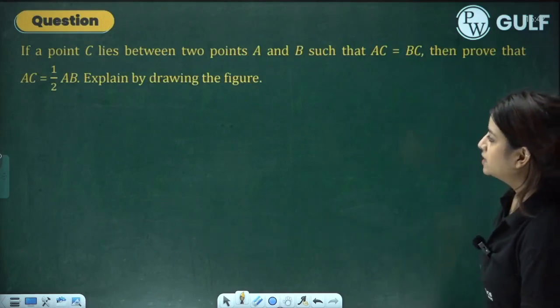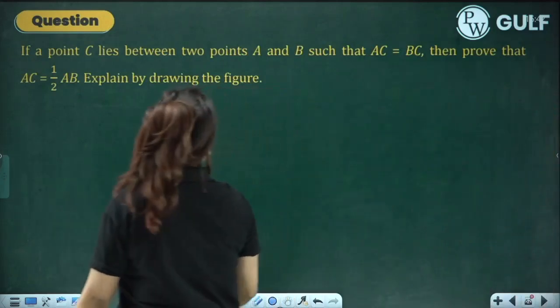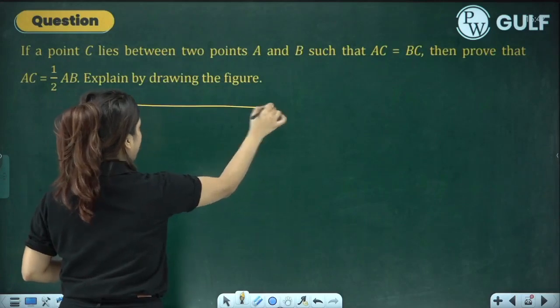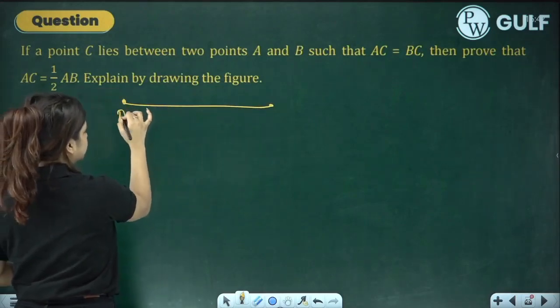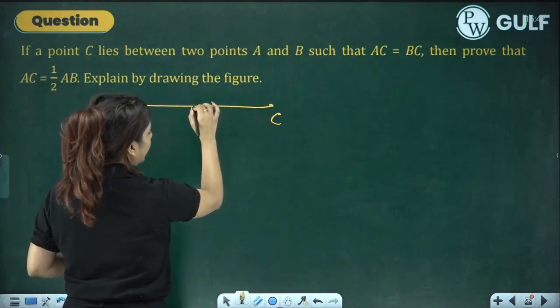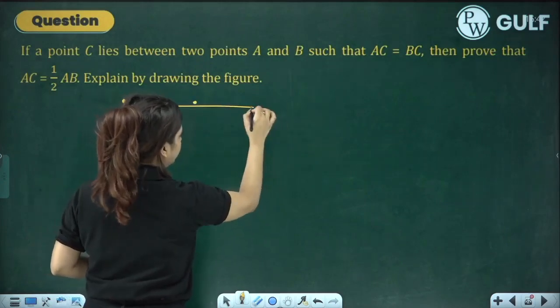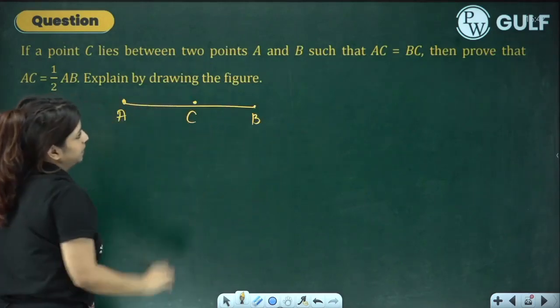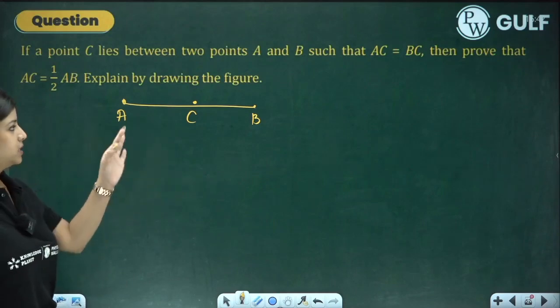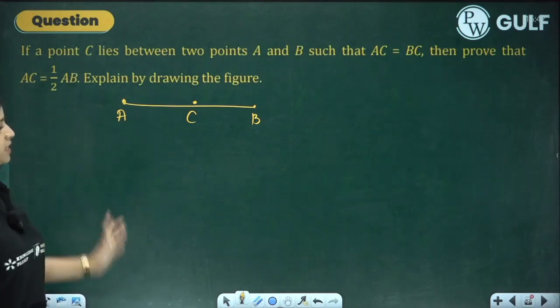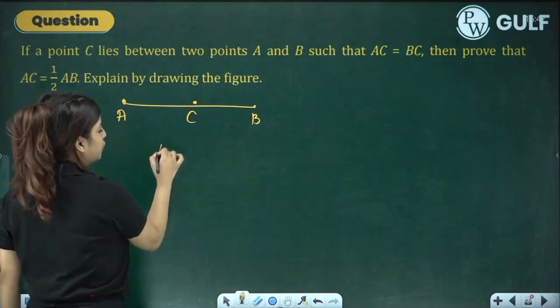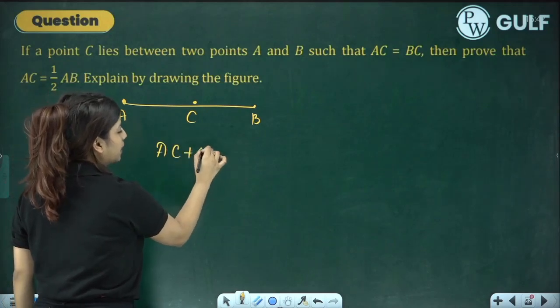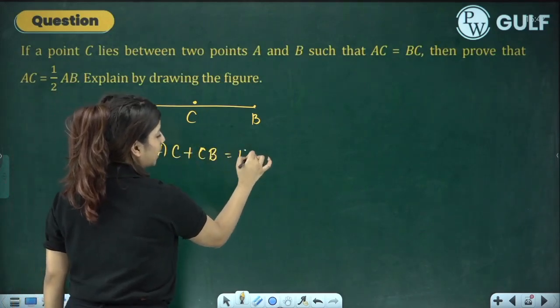Alright, we have to say that a point C lies in between 2 points A and B. This is a line AB, and a point C lies between such that AC is equal to BC, then we have to prove that AC is equal to half of AB. First of all, we can say that AC plus CB is equal to AB.